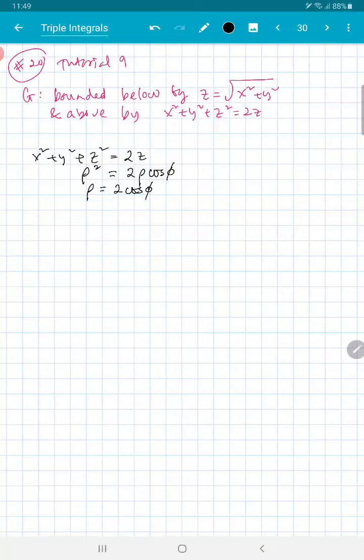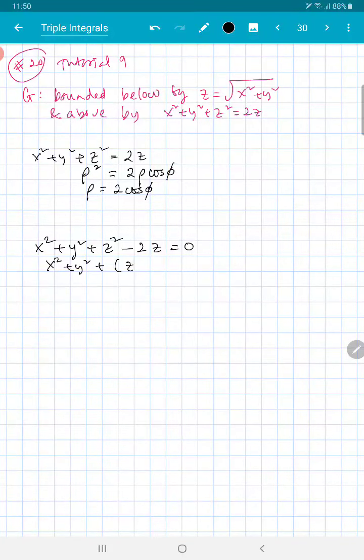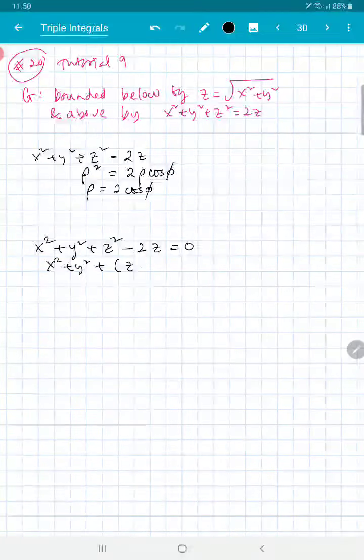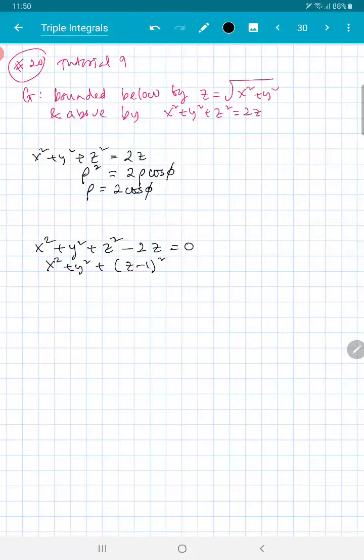Now, if you can't tell where the center of the sphere is, we can always do completing the square. Let's perform completing the square on the equation. Here we rewrite the equation as such. The coefficient of z is -2, so if we divide -2 by 2, we get -1. Expanding z minus 1 squared, we get z squared, and then minus 2z, but then we have plus 1.